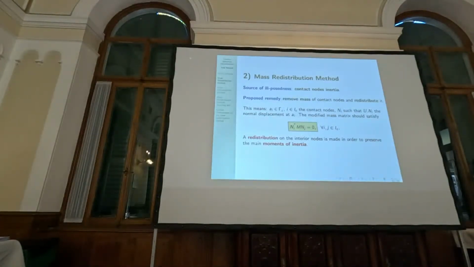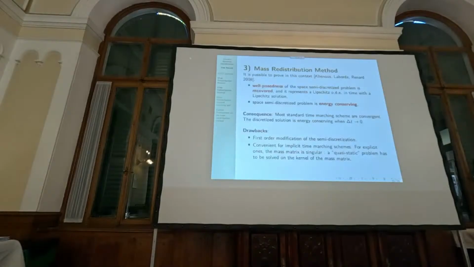And if you do that, you obtain a well-posed semi-discretized in space finite problem. So it's no longer a measure differential inclusion, but a standard ODE equation. It is energy conserving, and most of the time, schemes become convergent with that trick.